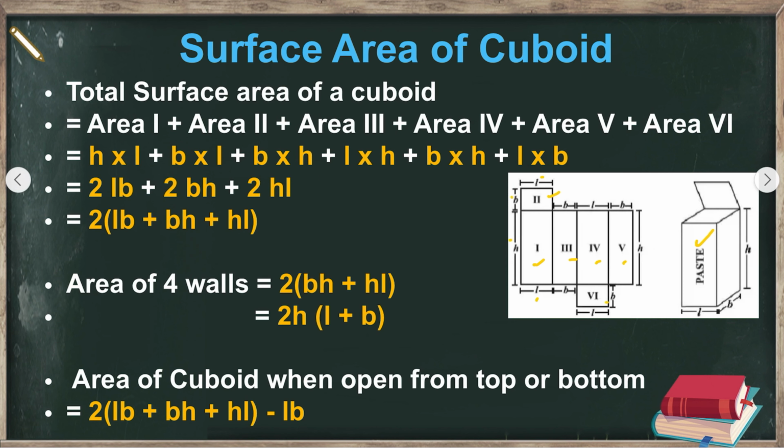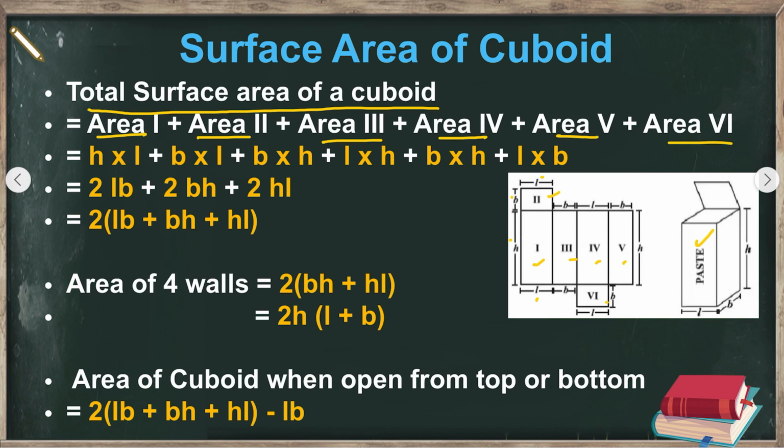The total surface area of this cuboid is given by adding the surface area of each face, that is, area of face 1 plus area of face 2 plus area of face 3 plus area of face 4 plus area of face 5 plus area of face 6.